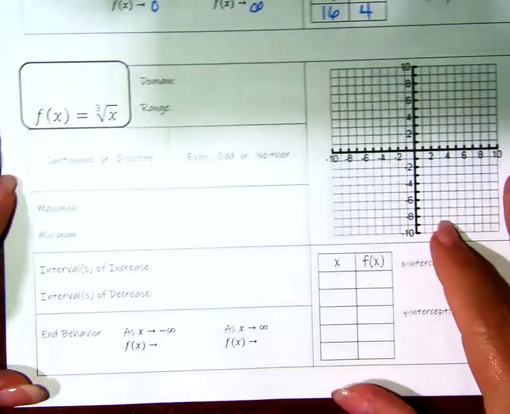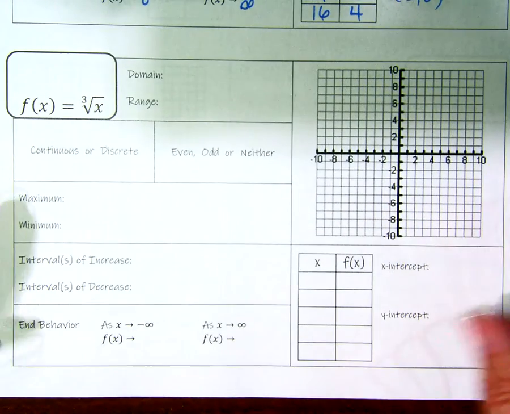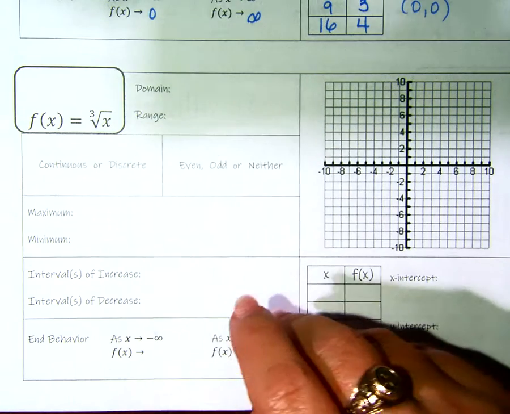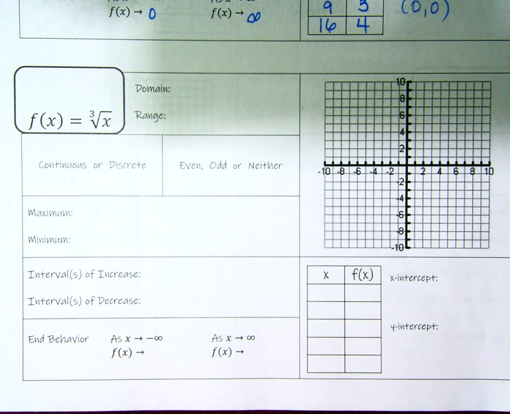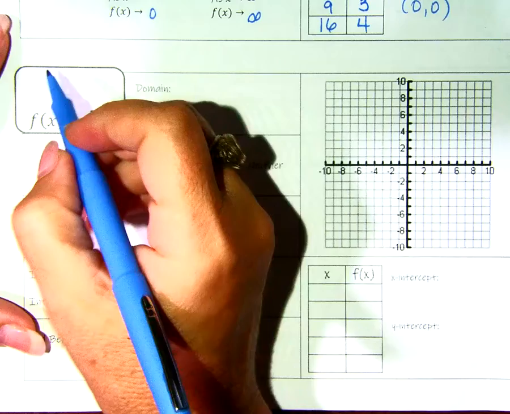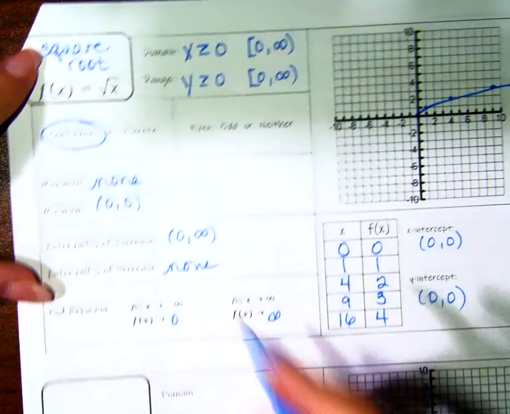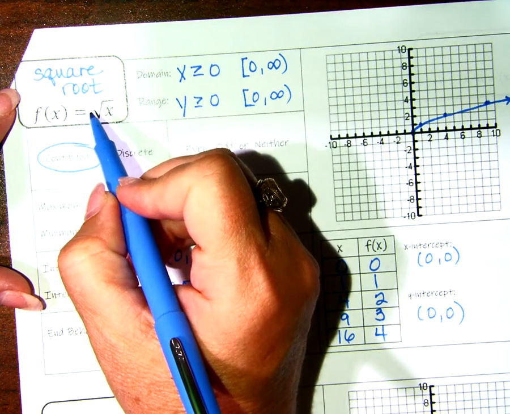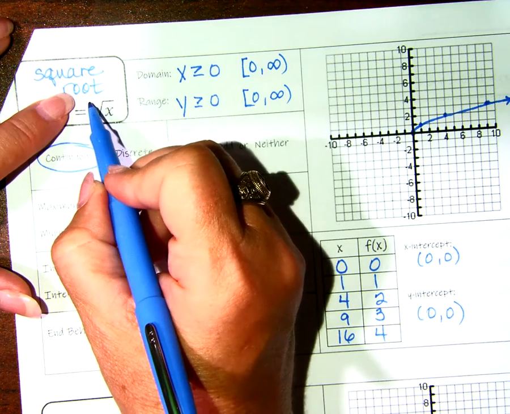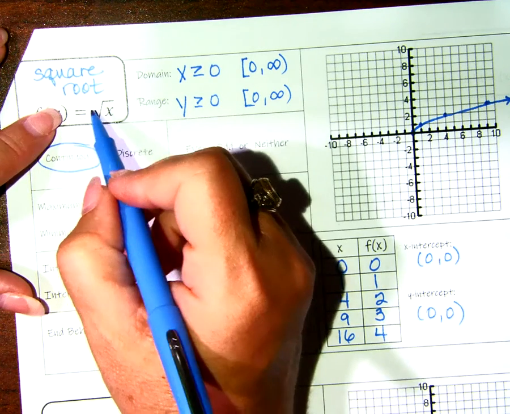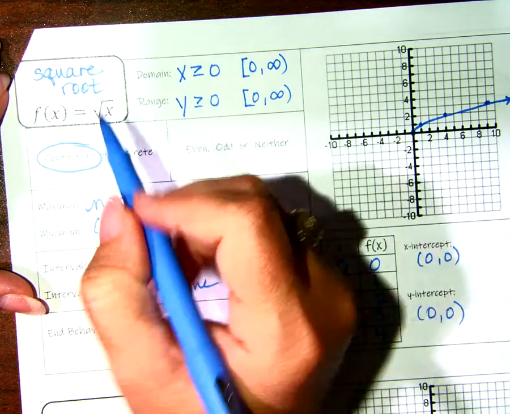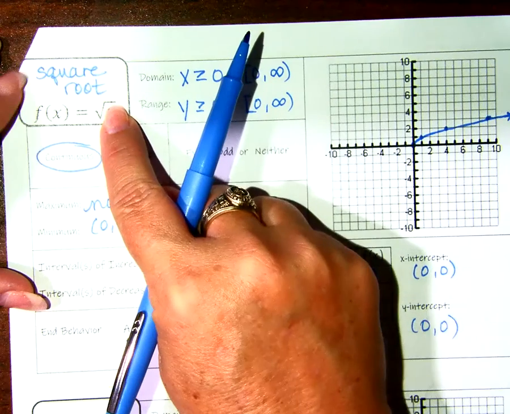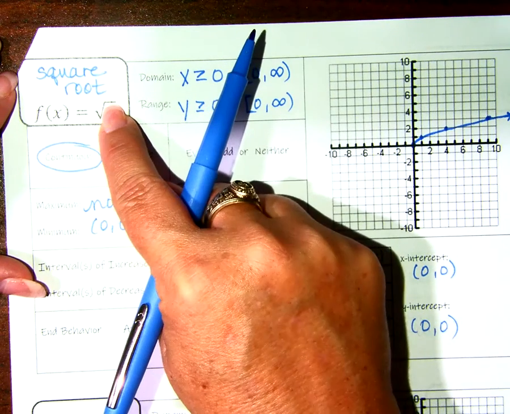So we're going to do part of this one, but not all of it. Okay? First of all, anybody know what it's called? If this one's a square root, is there a little baby number right here? There is. It's a 2, but we don't ever write it because that's the most common use of that sign, right? That sign is actually not called a square root. Do you know that?